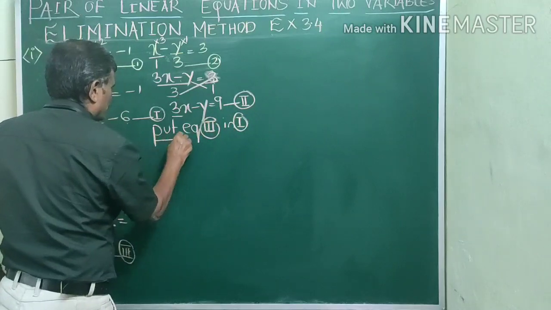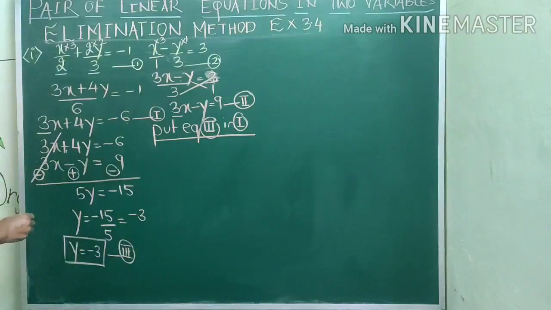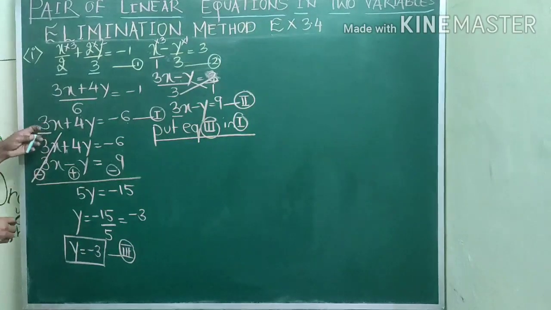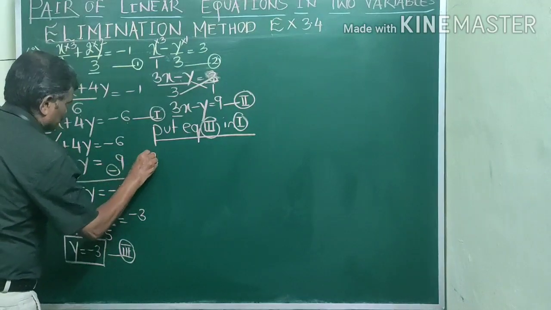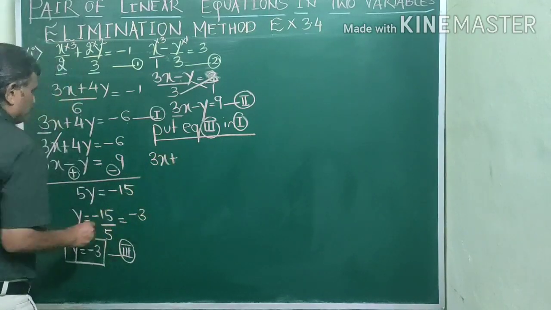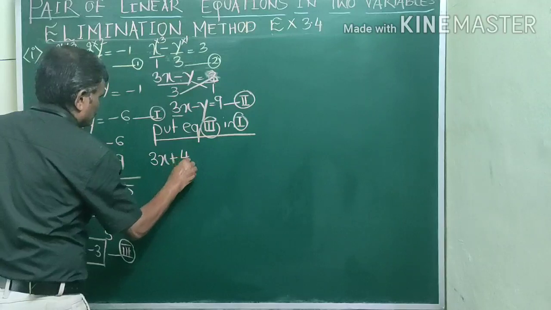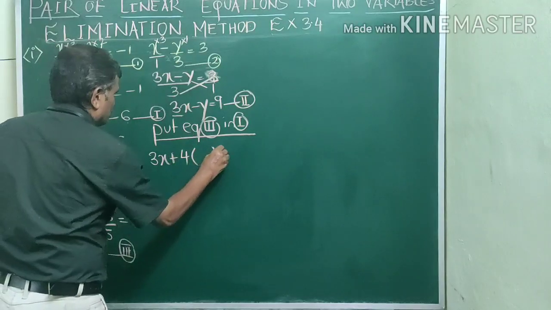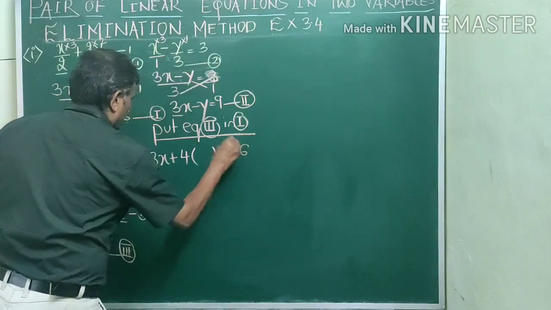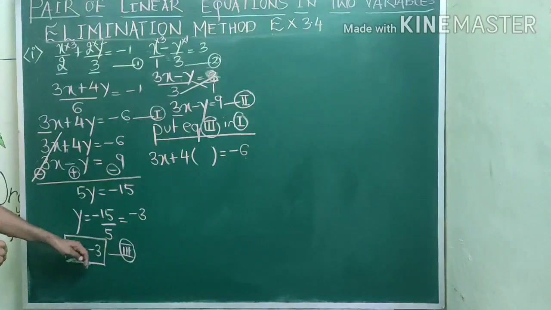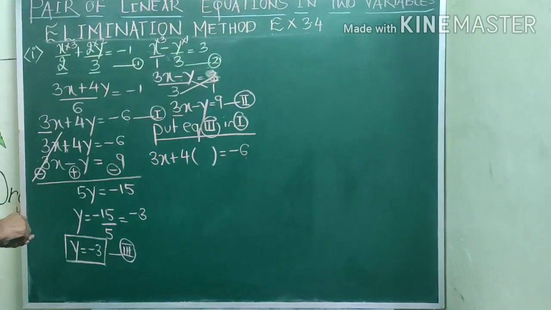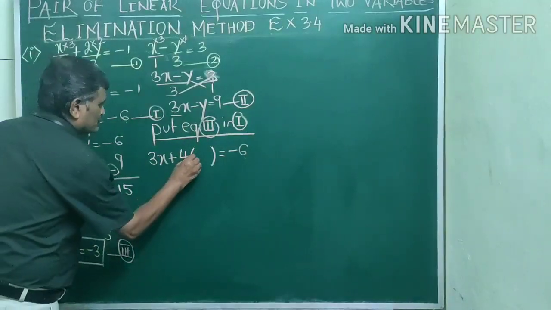In that case what happens, let us see. Y value I have to put, so here 3x plus 4, I have to put the value of y, so the value of y, you know, it is equal to minus 3.